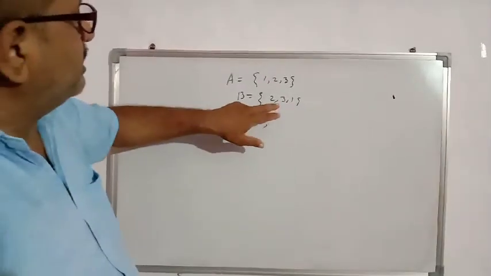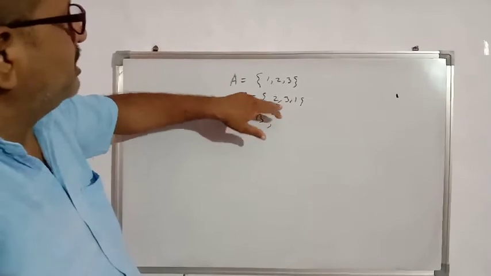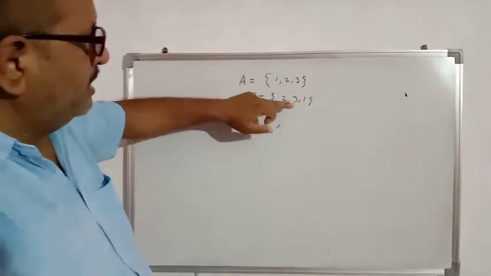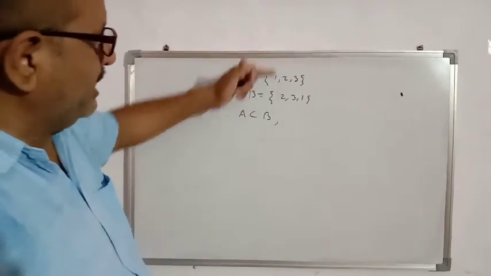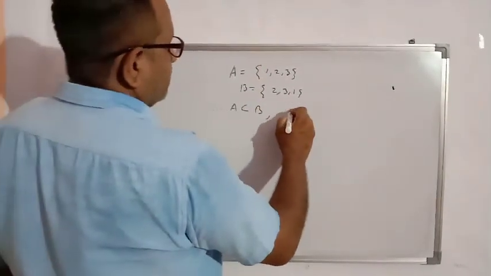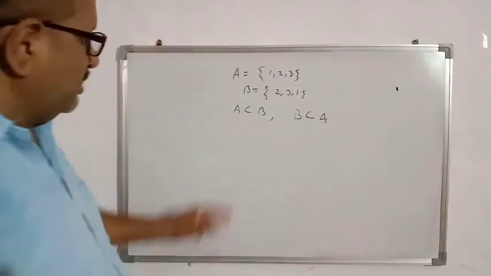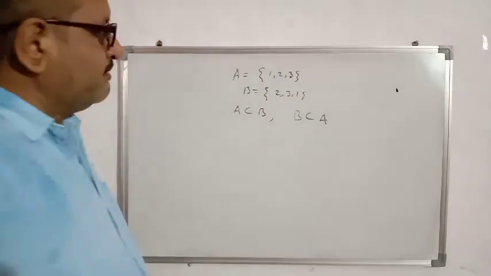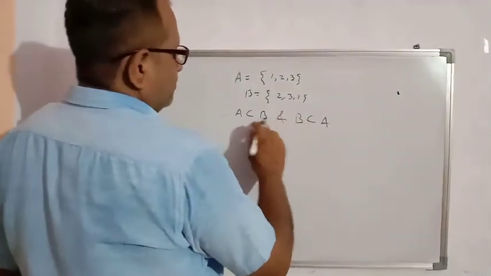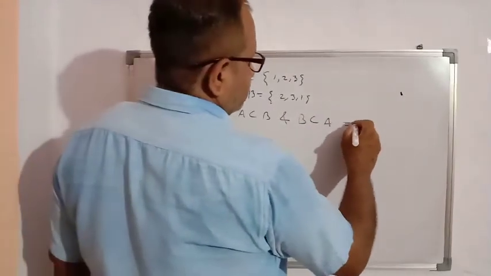We can also say that all the elements of set B lie in set A. So by the definition of subset, we can write B is a subset of A. So if A is a subset of B and B is a subset of A, it means what?